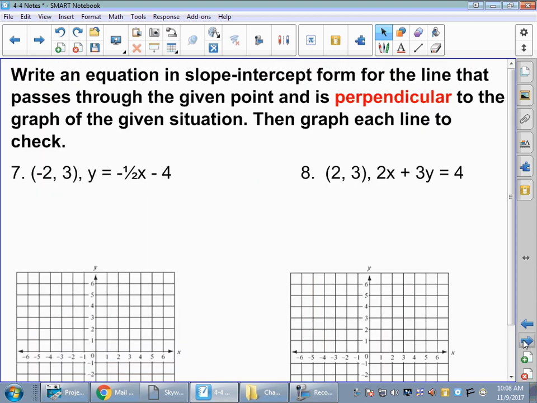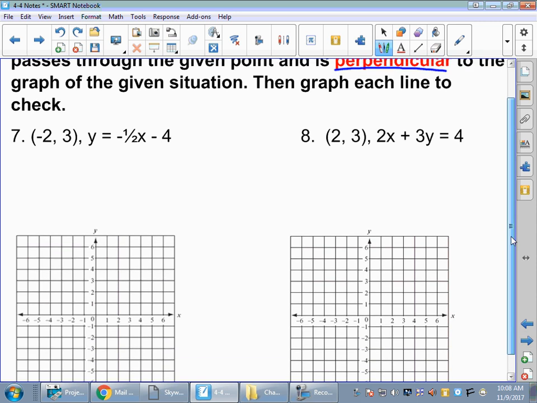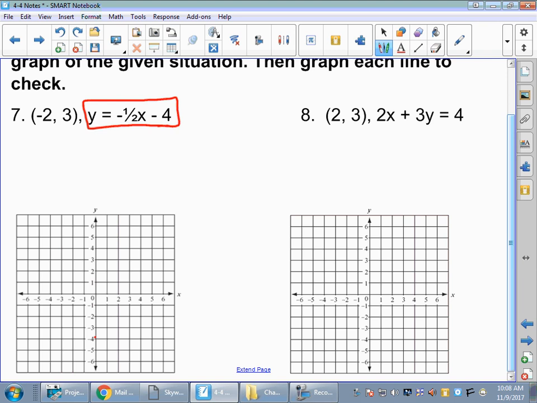Now we're going to do the same thing using different equations and different ordered pairs for perpendicular. So they still want the output to be in slope-intercept form, but this time we want perpendicular. So I'm going to start off by graphing my original line. This is the original equation. Start off with a y-intercept of -4 and a slope of -1/2.